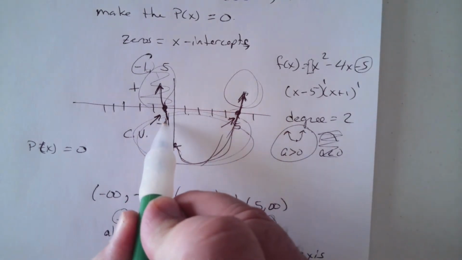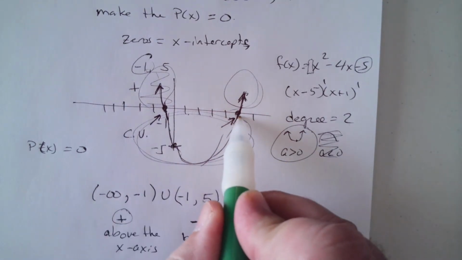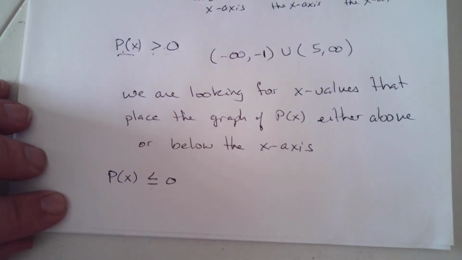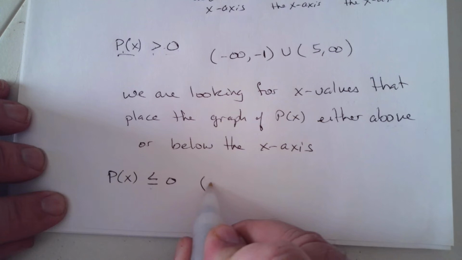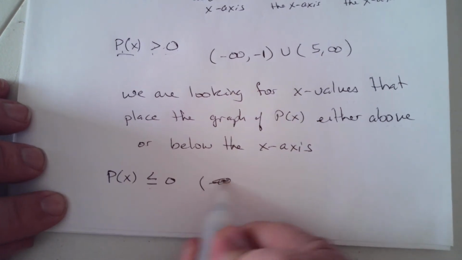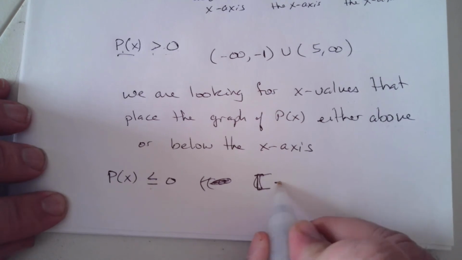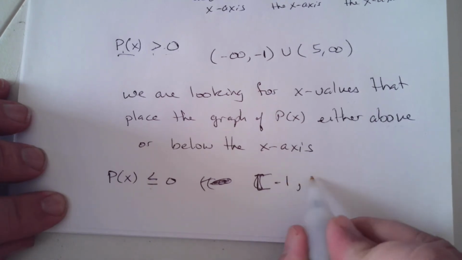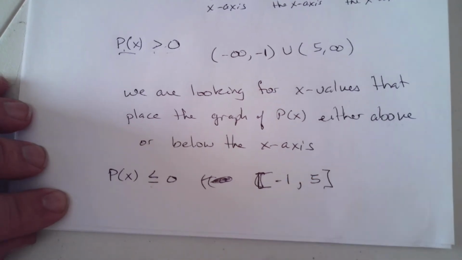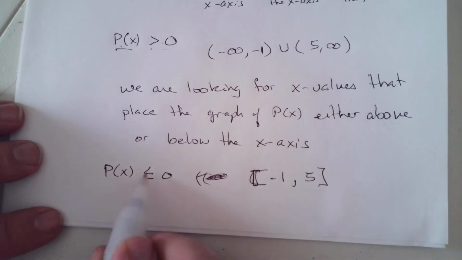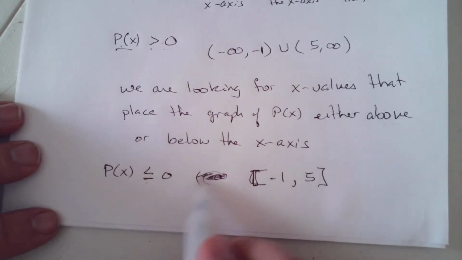I also include negative 1 and 5 because it's equal to. So my answer here is, set bracket negative 1 to positive 5, because we can include those values.